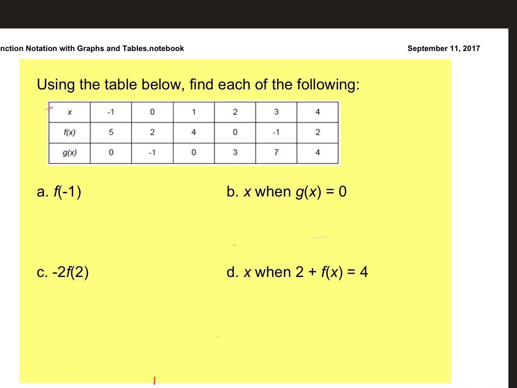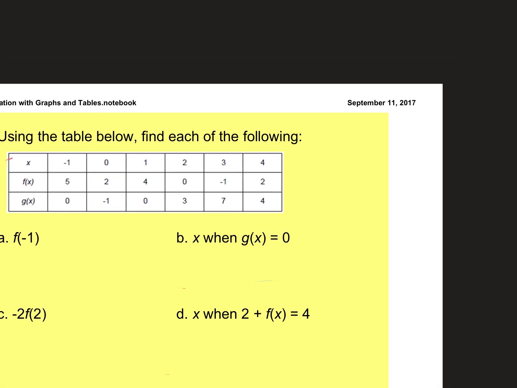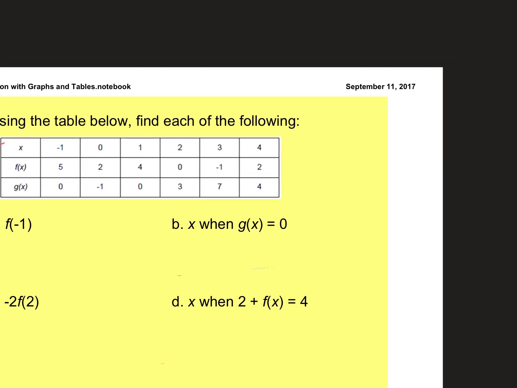Okay. What if I said 3 g of x is equal to 12, and I wanted to know what x was?